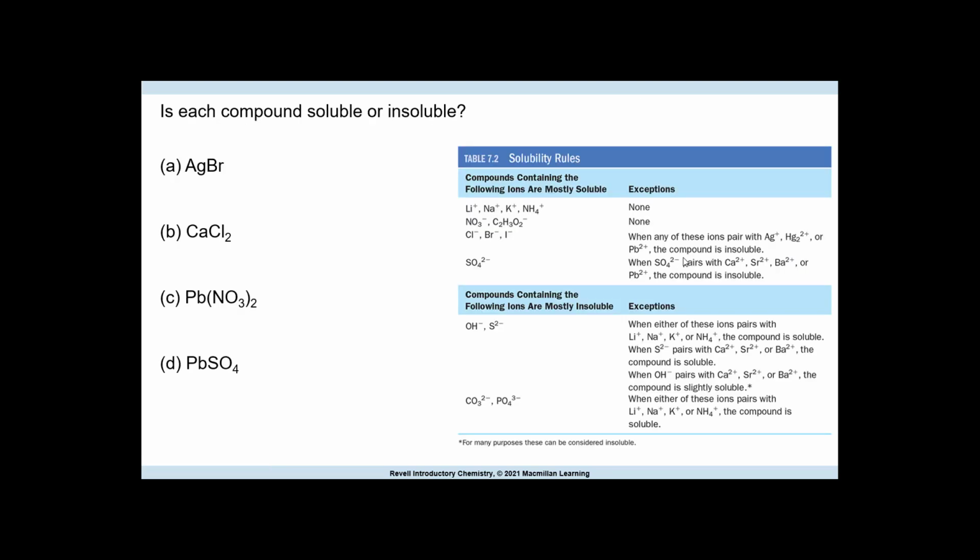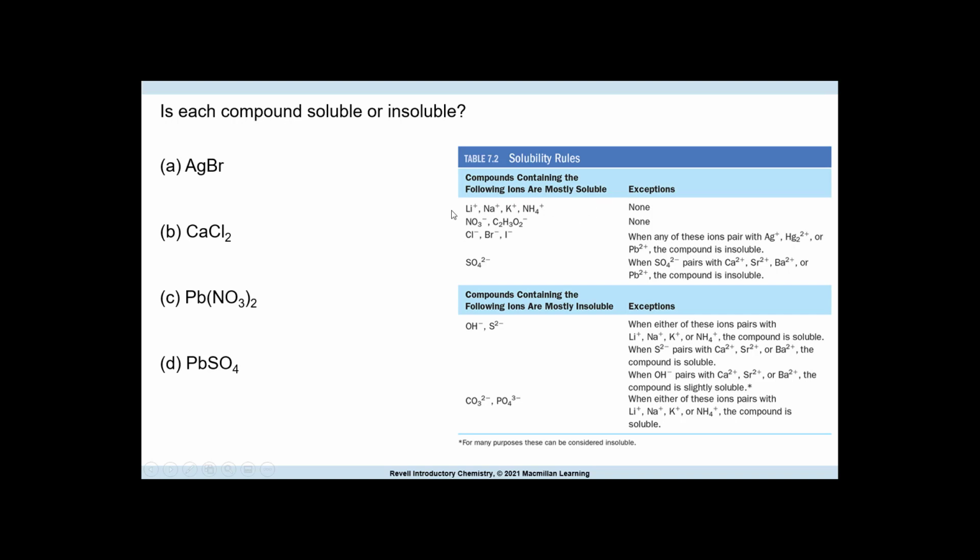All right, this is a table from my other slides. This is a table that seems more confusing, but I actually like it because it confirms whether it's a solid or not, instead of just saying it's another ion. So don't pay attention to this, this is from another class. But let me explain how this works. Any of these are mostly soluble.